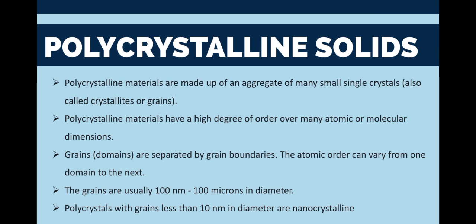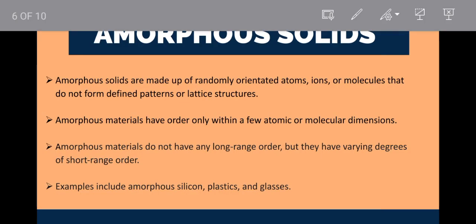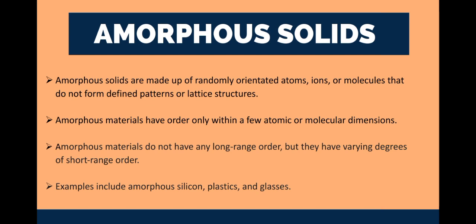So next we have the amorphous solids. Amorphous solids are solids made up of randomly oriented atoms, ions, or molecules that do not form defined patterns or lattice structures. Unlike crystalline materials, amorphous solids lack a well-defined atomic arrangement and do not exhibit the regular repeating patterns characteristic of crystals.